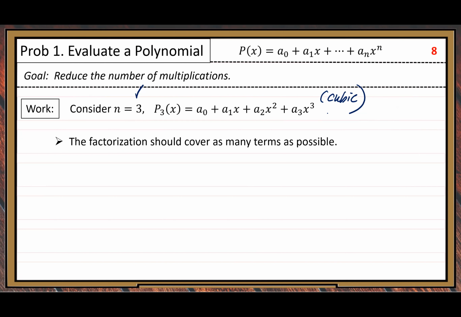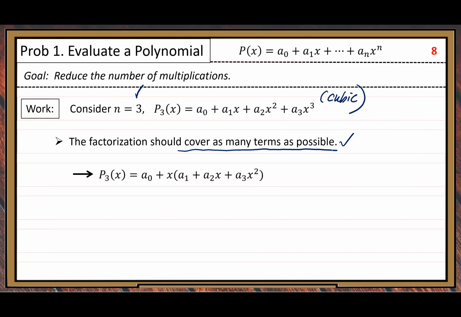But when we do factorization this time, we take this small strategy here: we should cover as many terms as possible.